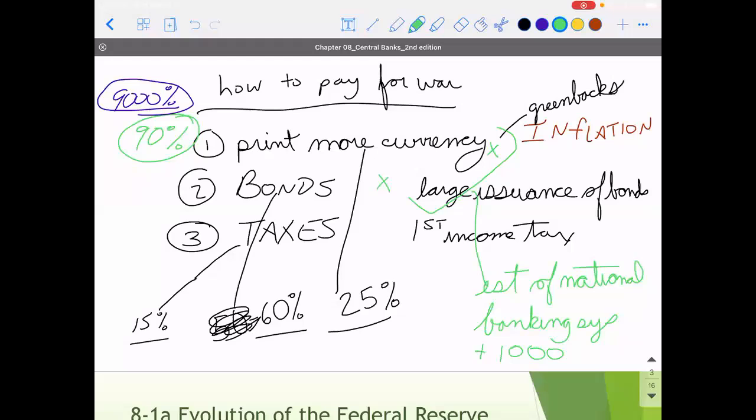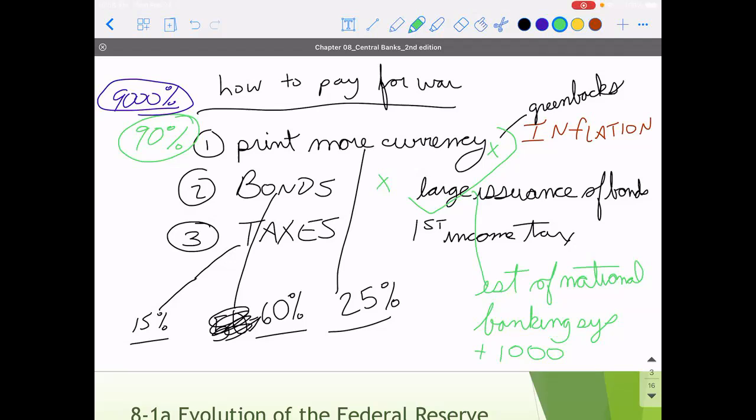Some 1,000 banks were established between 1861 and 1865. Those banks were subject to federal regulations and they had to buy bonds to insure their deposits.